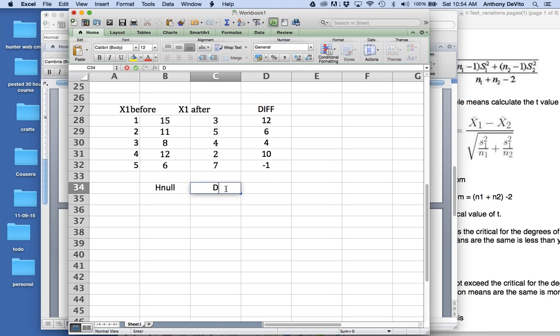So the means of the differences are equal to 0. Our alternative hypothesis is that the means of the differences are not equal. If we did this for the entire population, the means of the differences would not be equal to 0.